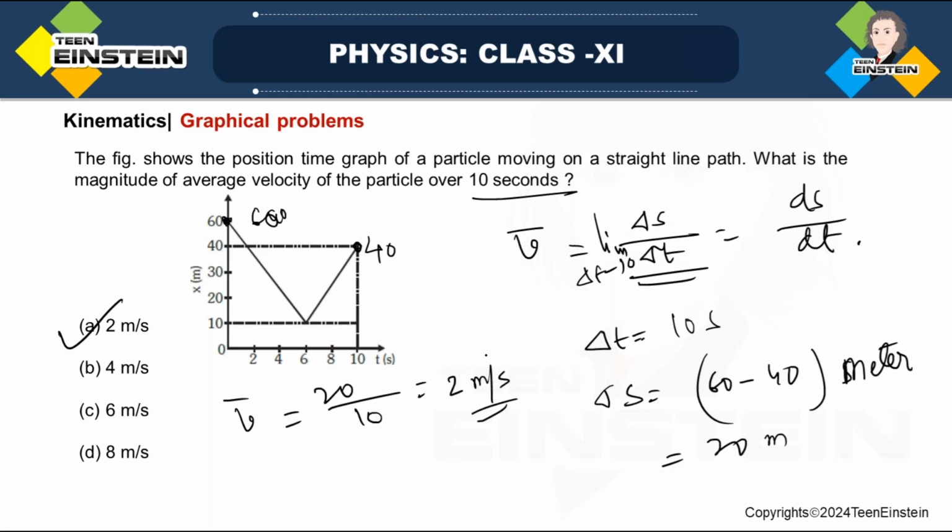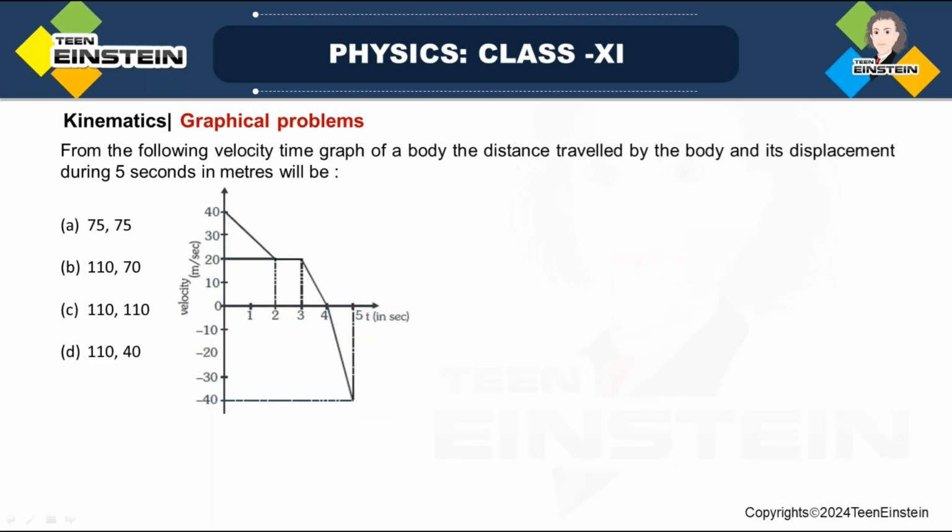We'll go to the next problem. So this problem is again an interesting problem. Let us try to read the problem and try to solve it. From the following velocity time graph, now it is velocity time graph.